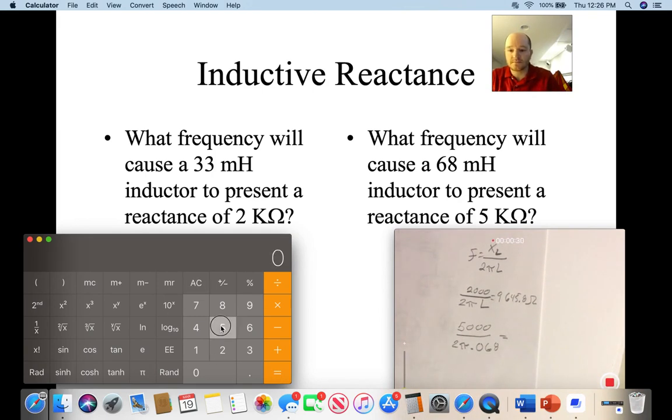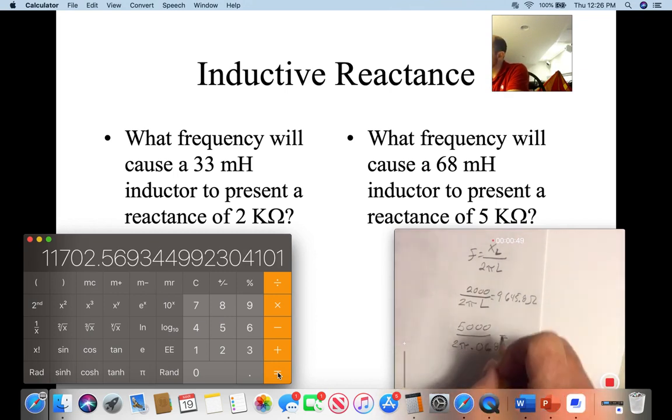So this would be 5,000 divided by, open parentheses, 2 times pi times 0.068, closed parentheses. I'm going to hit equals here, and I'm getting about, we'll just go ahead and round up to about 11,703.